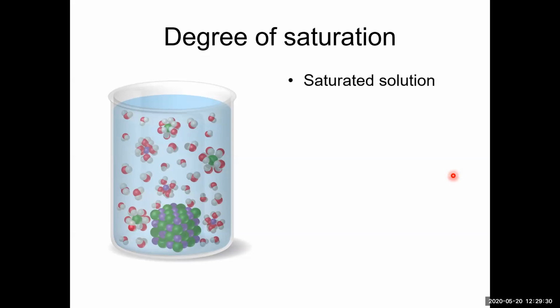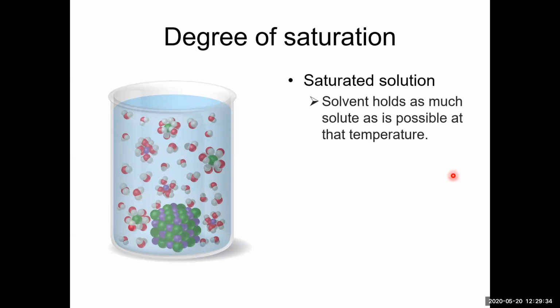Degrees of saturation. So you could have a saturated solution, and that's when you have as much solute as you can have in there at that temperature. If you put any more in, it will just sit down here at the bottom without dissolving. So that means it's saturated. You might see some undissolved solid in the flask.